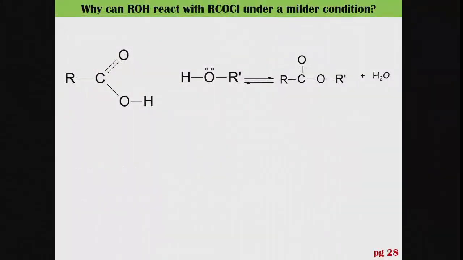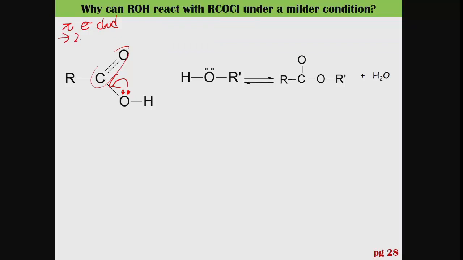When you look at carboxylic acid, what you need to take note of is that it is bonded to OH, and there's a lone pair on the oxygen. This oxygen can delocalize into the pi electron cloud of your C double bond O. And how is this pi electron cloud formed?